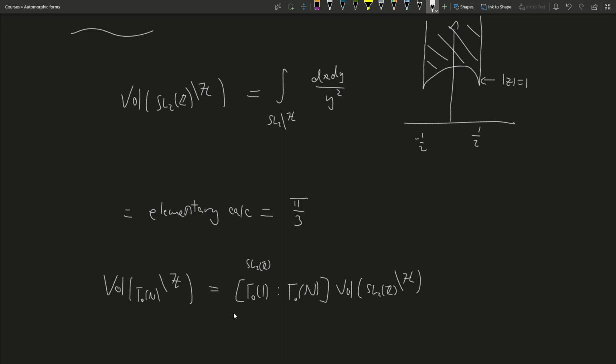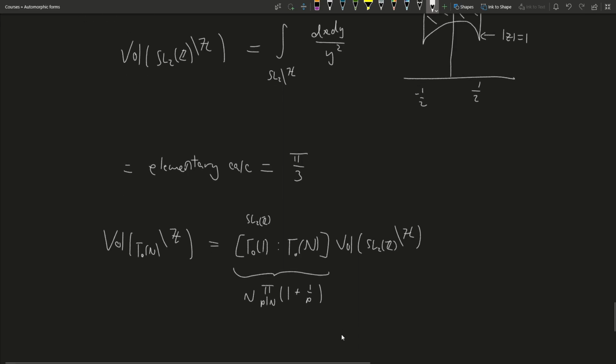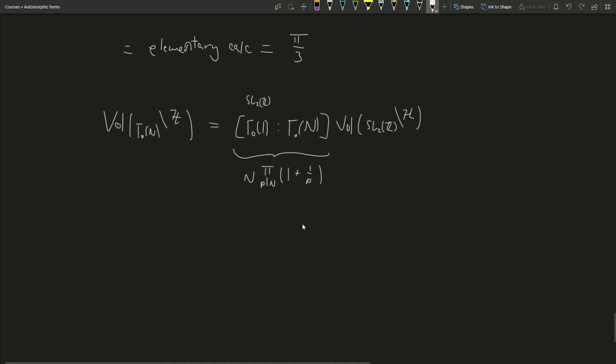And we saw elsewhere that this index was n times the product over primes p dividing n of 1 plus 1 over p. Hopefully it's 1 over p. Hopefully it's a plus here. If we get the wrong answer, I'll just go back and fix it. And then this we just said was pi over 3.